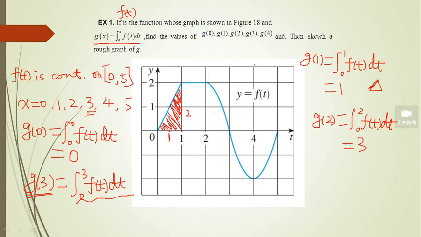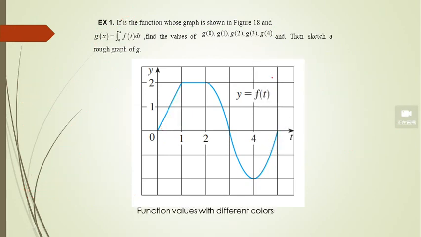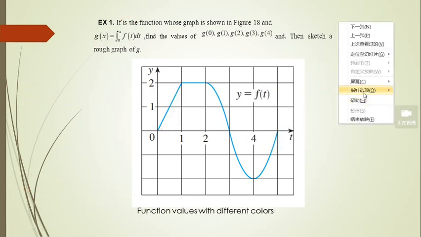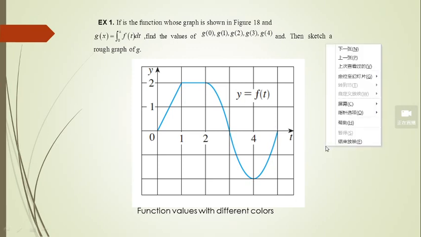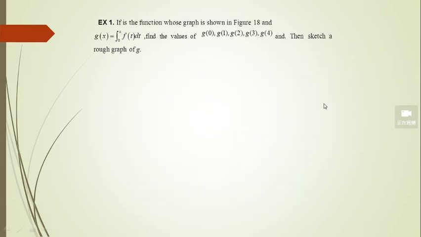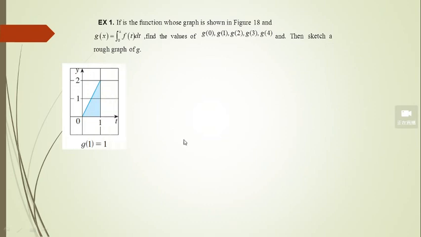Now let's check the answers one by one. We already analyzed from 0 to 1, 0 to 2, and we can do 0 to 3. So that is g(1), the triangle.